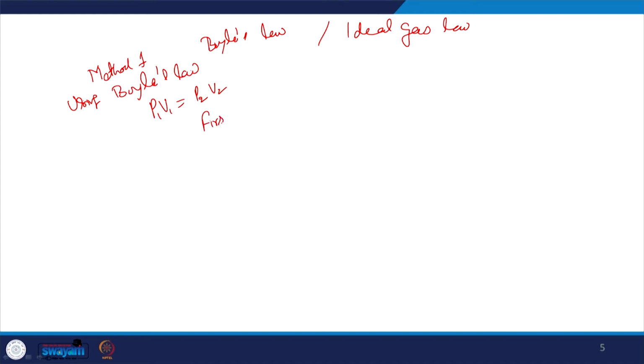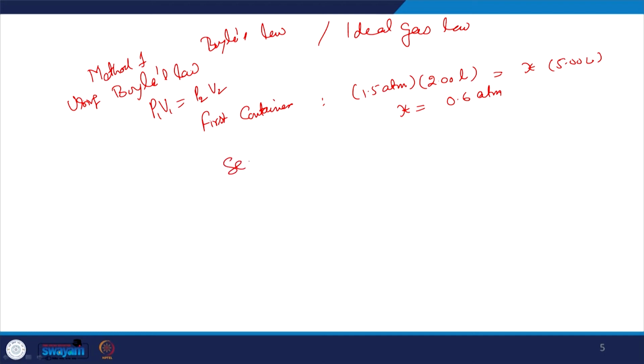So, the first container: 1.5 into 2.0 liter equals X pressure into 5 liter. So, X comes out to be 0.6.